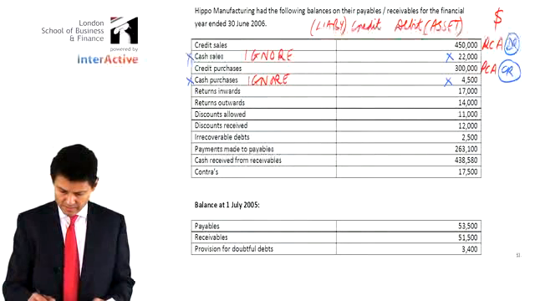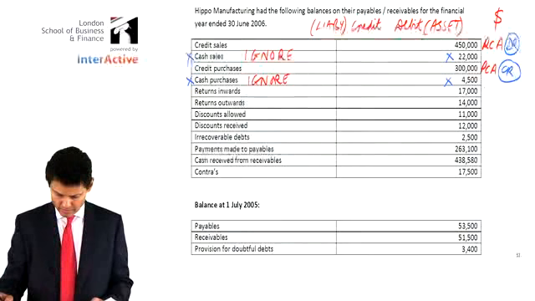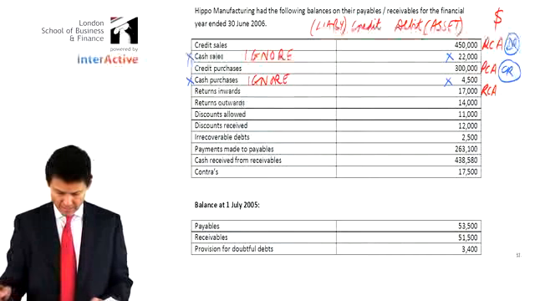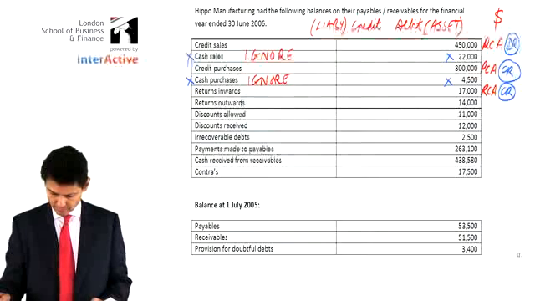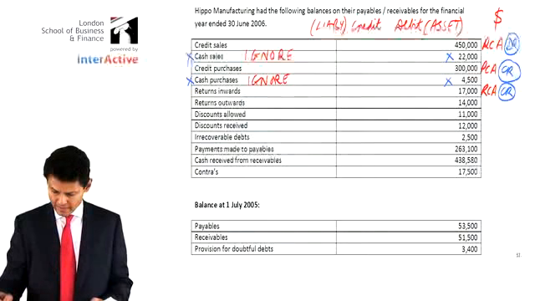Right, returns inwards, 17,000. That has something to do with the receivables control. And because it's a return inward, I'd imagine it should go on to the credit side. Returns outwards, you'd imagine, is the other way around, PCA.